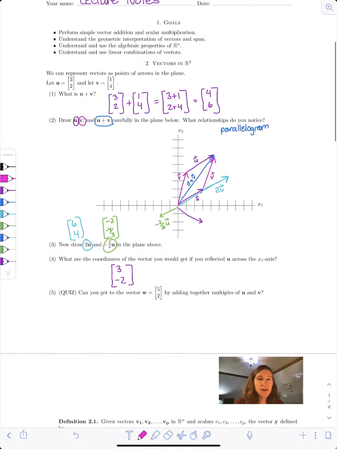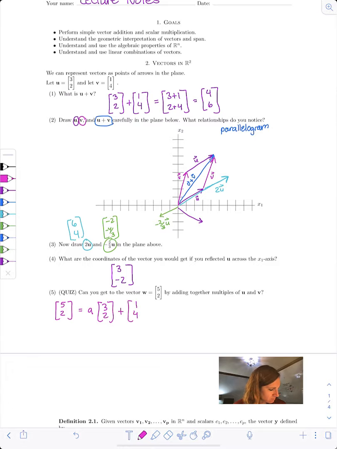Okay, so sometimes I don't give you the answer to the quiz, but today I'm going to go ahead and give you the answer now that you've taken it. If you try to make (5, 2) by taking something times (3, 2) plus something times (1, 4), we can actually write that as an equation.